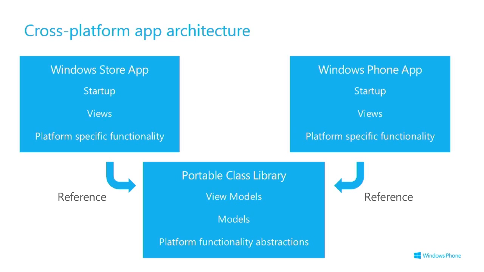So you might, in the portable class library, express, let's say, a navigation service as an interface, and then you plug in an actual platform-specific implementation of that navigation service from the Windows Store specific code, and that gets used and called from the portable class library objects, and similarly from the Windows Phone app. So there's a technique some of you may have heard of called dependency injection, which some of these techniques we can use for plugging in platform-specific functionality into this model.